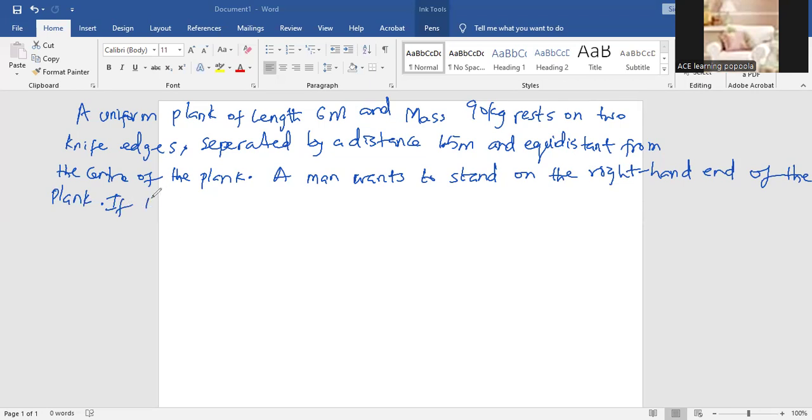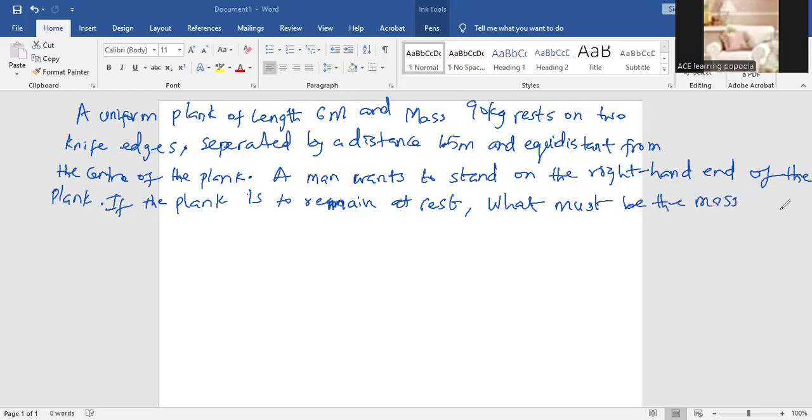If the plank is to remain at rest, what must be the mass of the man?